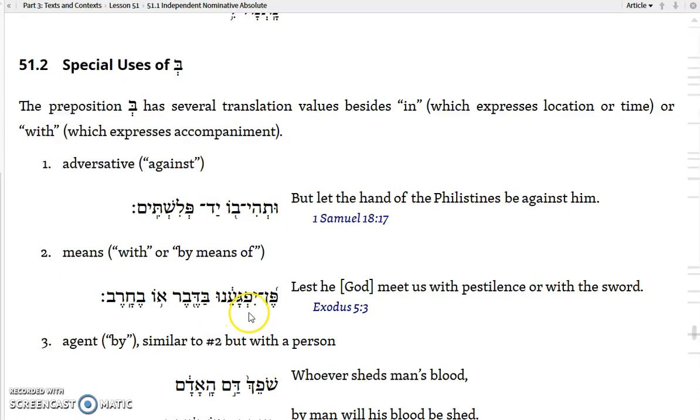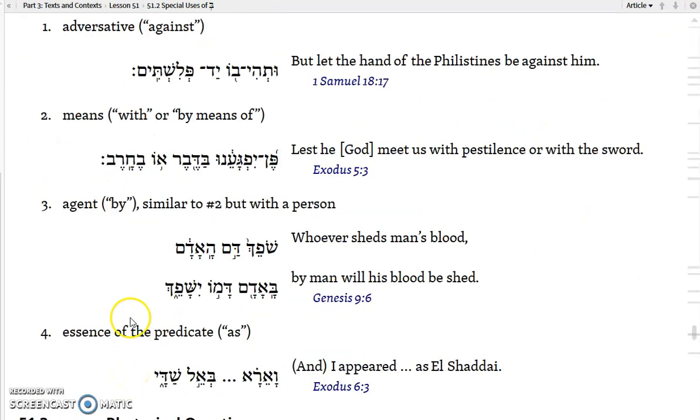Let's see, meet us in the sense of punish us by means of a plague or by means of the sword. When you have the expression that he struck someone with a sword, bacherev would be the typical way that would be expressed. Kind of a similar meaning would be agency, in which case it would be translated by.